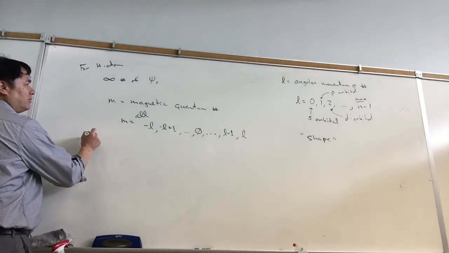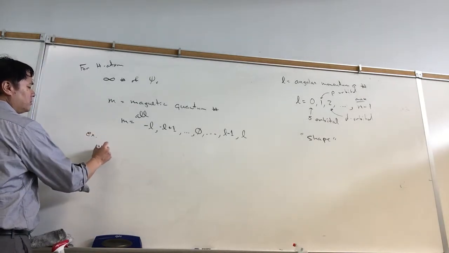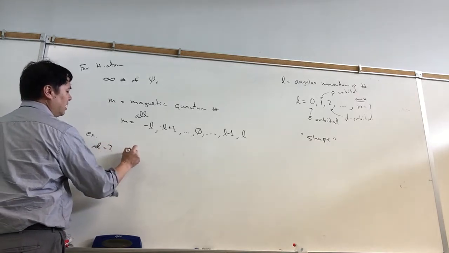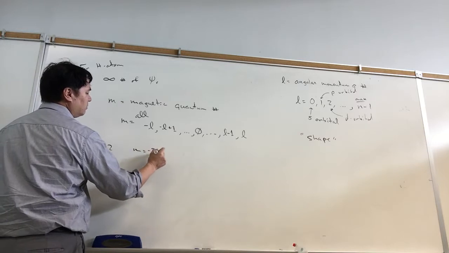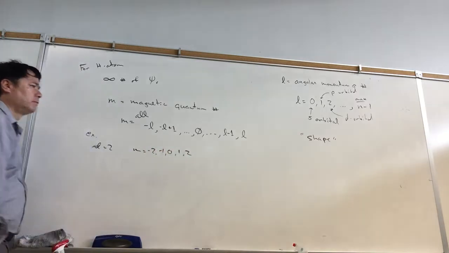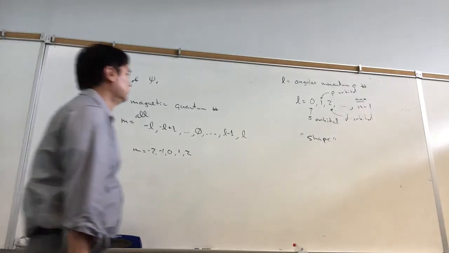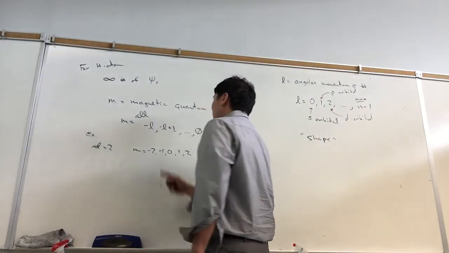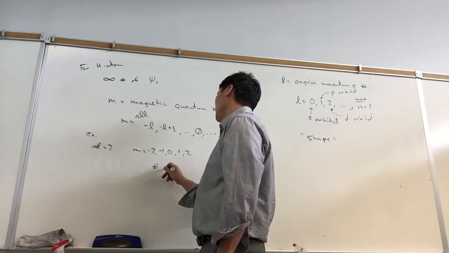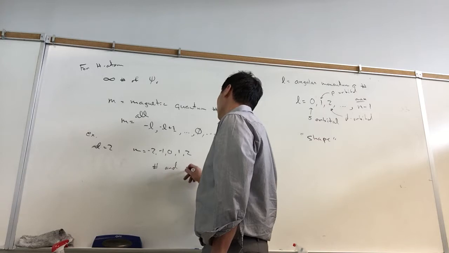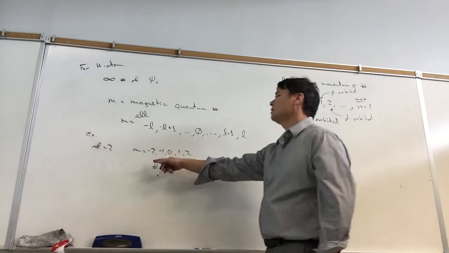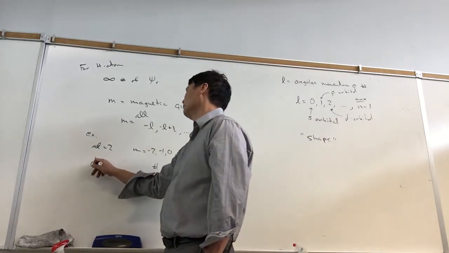And so let me just do an example of this. If L equals 2, then m is going to equal minus 2, minus 1, 0, plus 1, plus 2, all of them. What the magnetic quantum number tells us is the number and orientation of the orbitals. For example, when L is equal to 2, we're dealing with a d orbital.